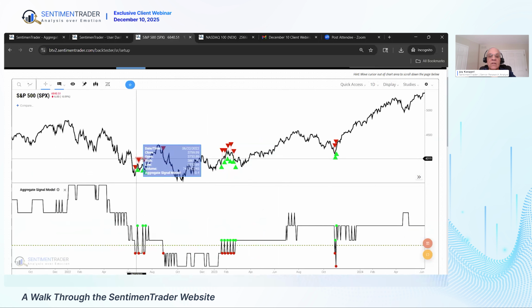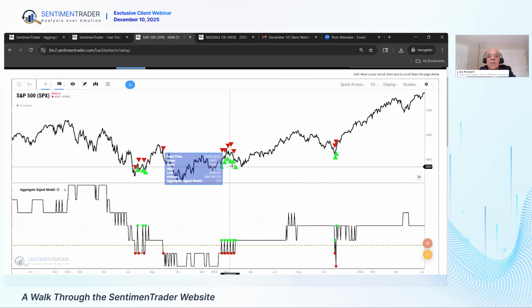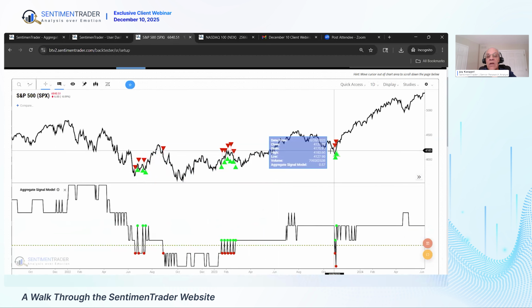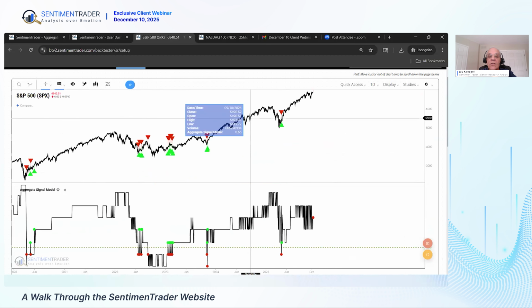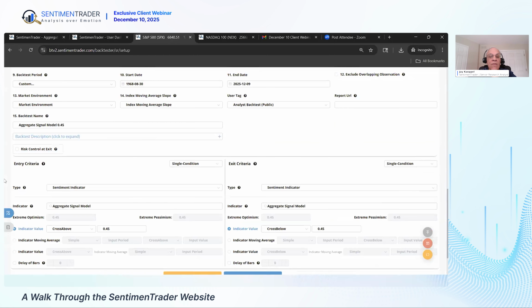So if you're using this for 100% of your money, you're going to buy here, sell here, buy here, sell here, etc. So maybe you want to do that, maybe you don't. That's your choice, but it's important to understand for our purposes today what it's doing and what it means. So again, not every red arrow means, oh my God, the market is about to crash. It just means this indicator is giving us unfavorable weight of the evidence.